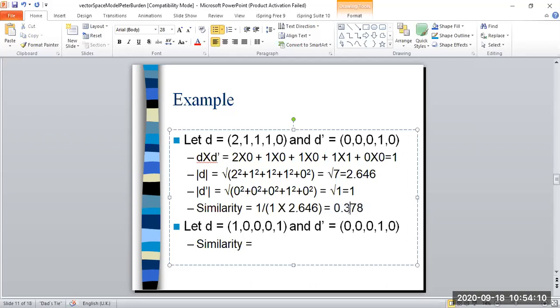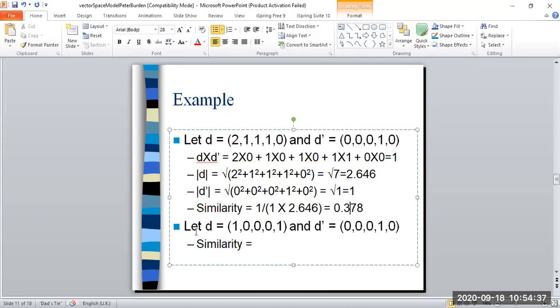By seeing this value, we can say that the query and the document are somewhat similar, because we can find the word dog in this sentence. That's why we got 0.3. So we can say that they are closely related, which means we can retrieve this document by using this query.